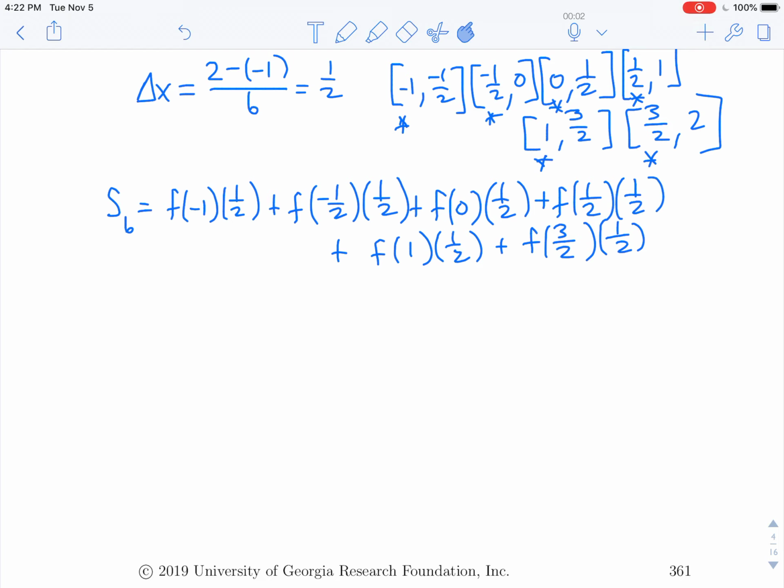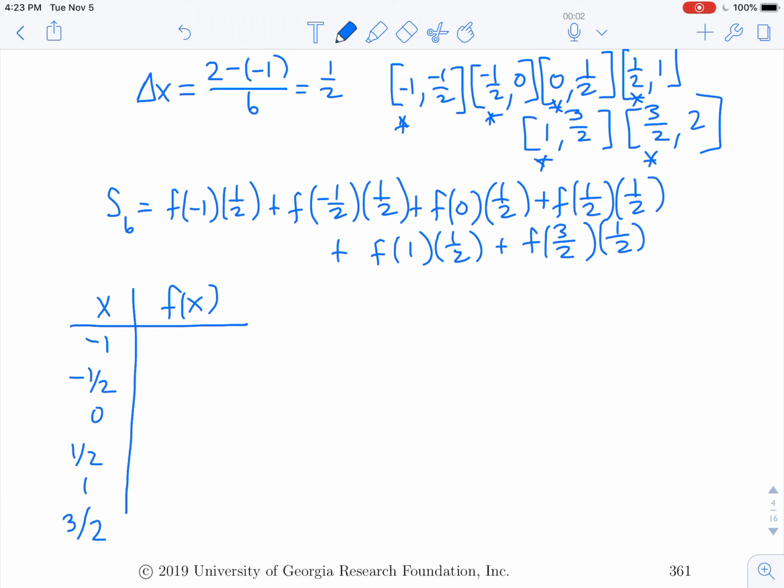And this is not a super great function to be working with. What I'm going to do is write down the function values that I worked out, and then you can double check me on that if you'd like. So I'm going to make a t-chart: -1, -1/2, 0, 1/2, 1, and 3/2. Okay.